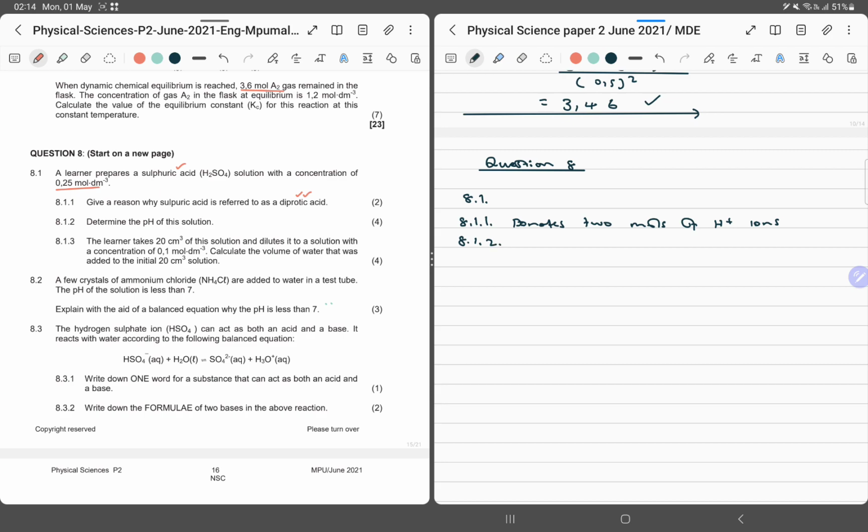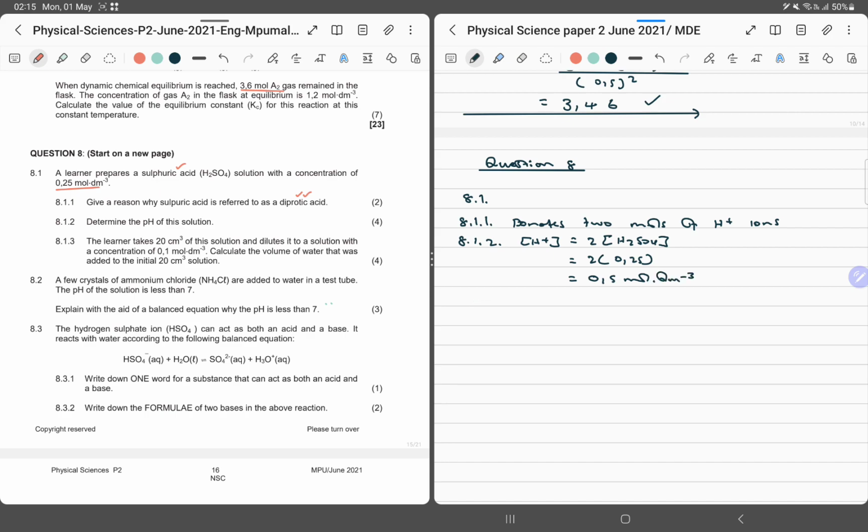Determine the pH of the solution. Of course, we know that the concentration of the hydrogen ions is going to be 2 times the concentration of the sulfuric acid because it dissociates into 2 of them. So this is going to be 2 into 0.25. That is just 0.5 mole per decimeter cubed.